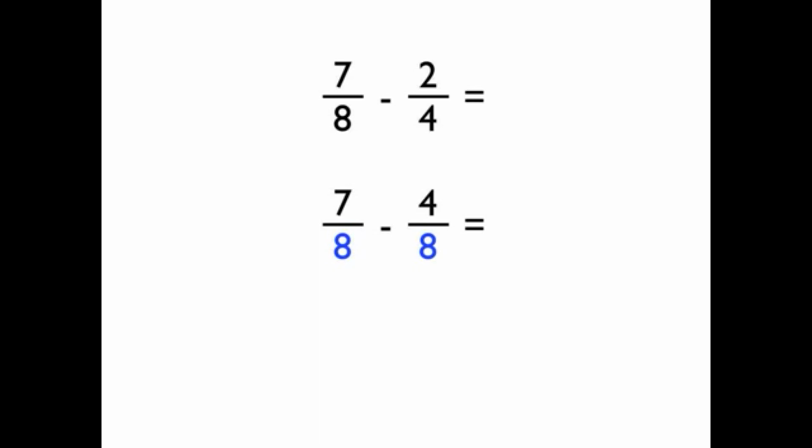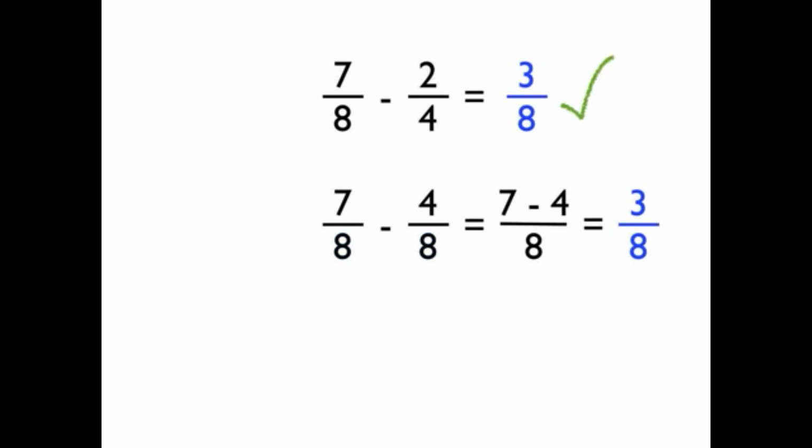I used an equivalent fraction to change 2 quarters to 4/8, but now that the denominators are the same, it's really easy to do the sum. We just subtract the numerators, so 7 take 4 is 3, and leave the denominator the same. That's 3/8. So 7/8 subtract 2 quarters is 3/8.